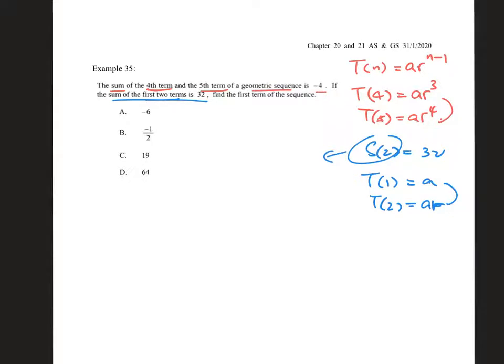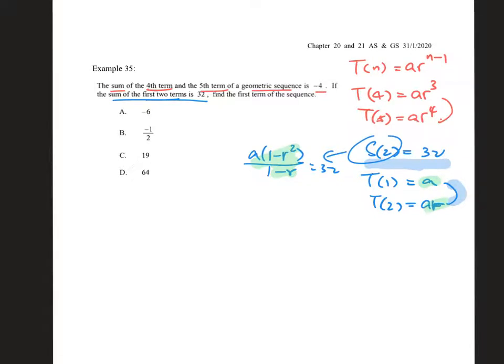Or else you need to write a times (1 minus r to the power 2) over 1 minus r is 32. If you compare these, you can see the very big difference between them, right? If it is not really necessary to use the formula of summation of a GS, don't touch it. I prefer to consider individual terms instead.